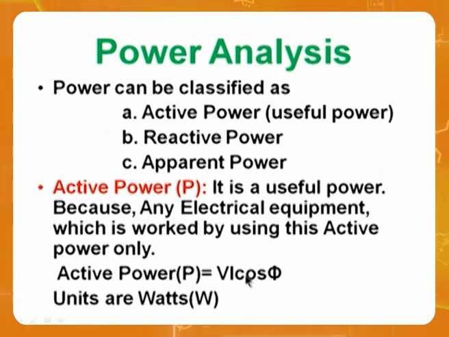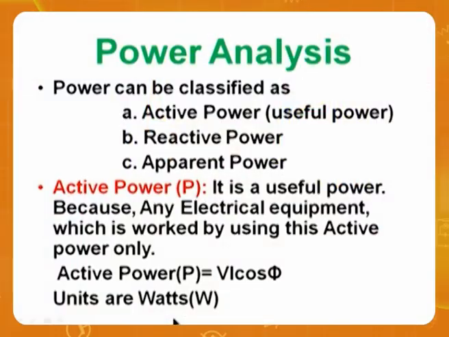Sometimes it is also called real power because cos phi, cos is generally on the x-axis. When cos is on the x-axis, we generally call that the real axis. Sin is on the imaginary axis. That's why we can also use the word real power, and the units are watts. So Vi cos phi is the general power by default. Tomorrow if anybody asks you to calculate the power, you need to calculate Vi cos phi.